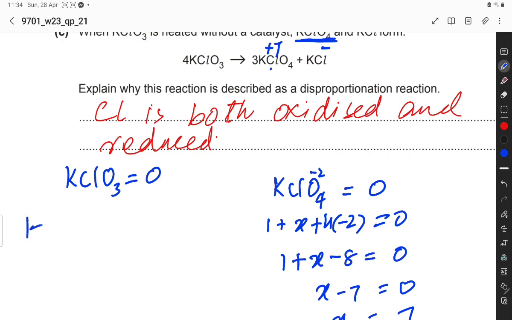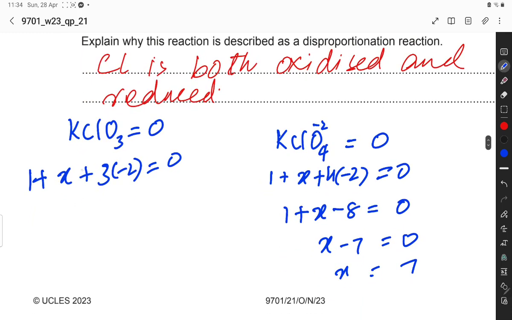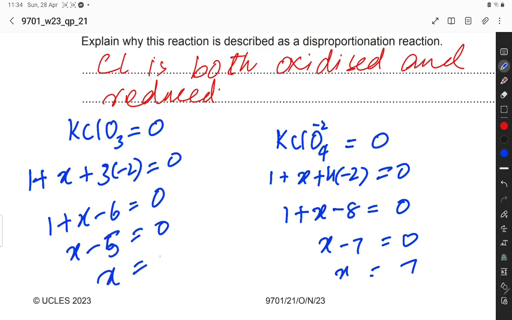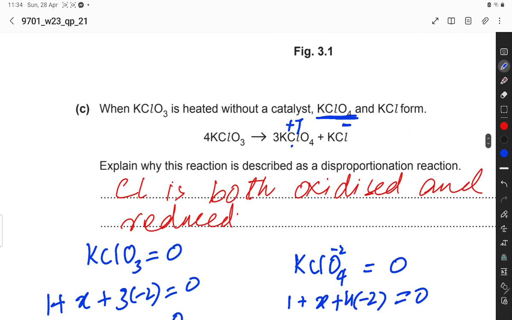So K is 1, plus X, plus 3 minus 2 is equal to 0. So 1 plus X minus 6 is equal to 0, X minus 6 minus 5, and X is equal to 5. So over here it is +5.